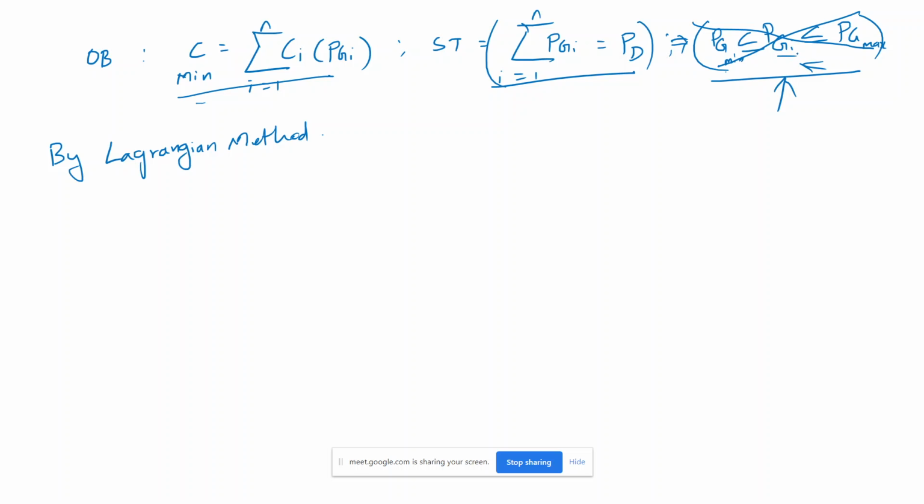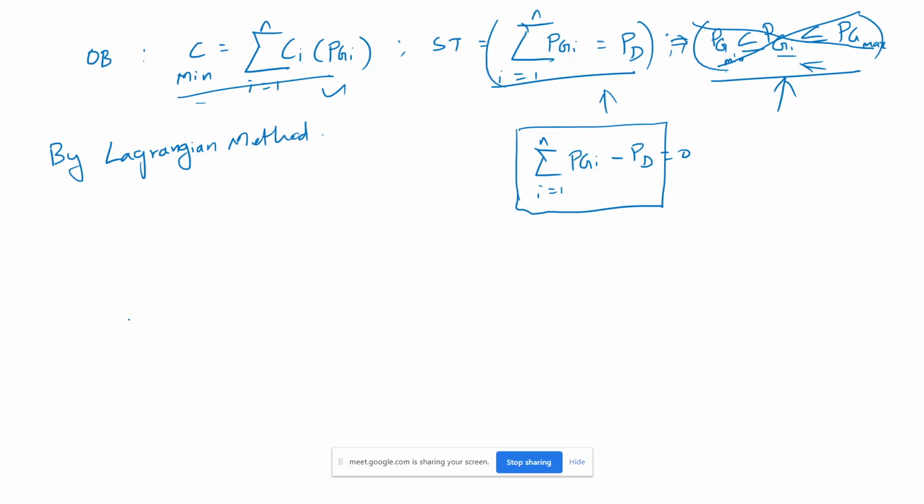So we will omit this constraint and take only the other one. If I write this constraint in other words: summation for i equal to 1 to n of Pgi minus Pd is equal to 0. Taking the equality constraint, this is my constraint, and this is my objective function.